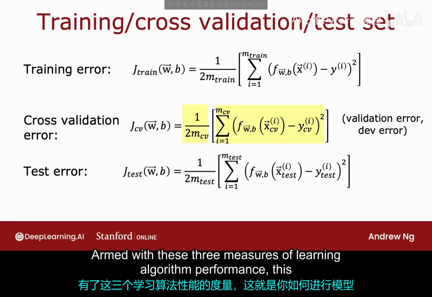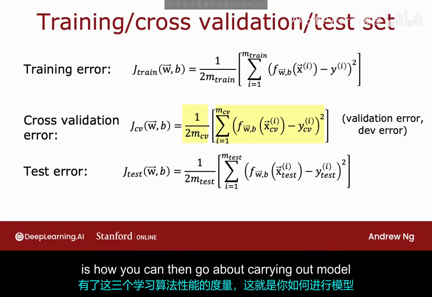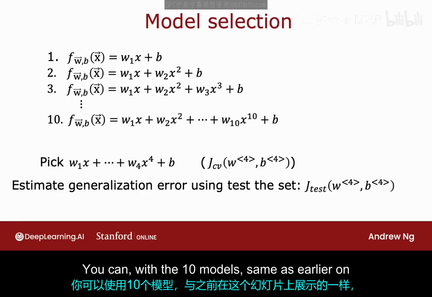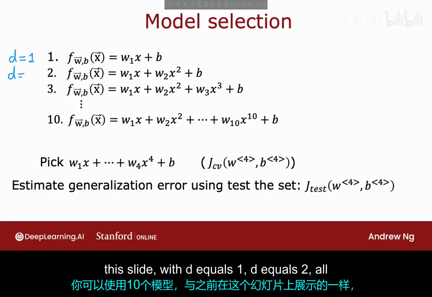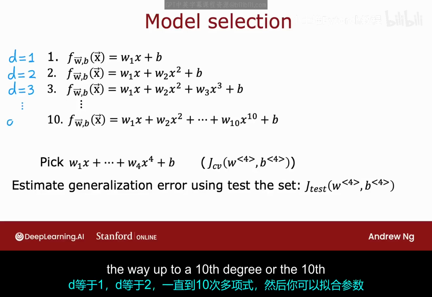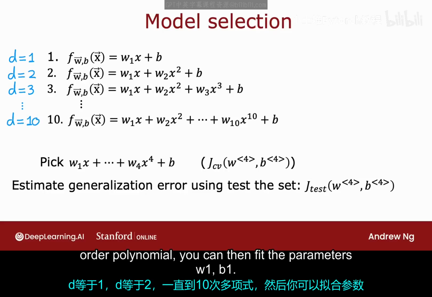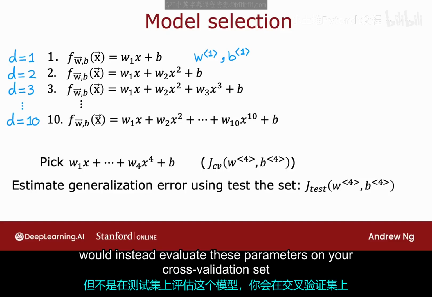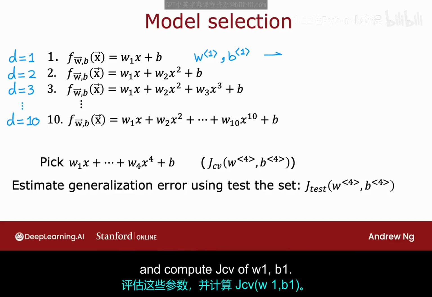Armed with these three measures of learning algorithm performance, this is how you can then go about carrying out model selection. You can, with the 10 models, same as earlier on this slide, with d equals 1, d equals 2, all the way up to a 10th degree or the 10th order polynomial, you can then fit the parameters w1, b1, but instead of evaluating this on your test set, you would instead evaluate these parameters on your cross-validation set and compute JCV of w1, b1.